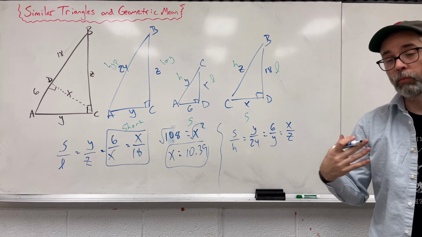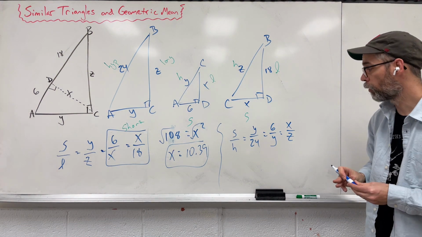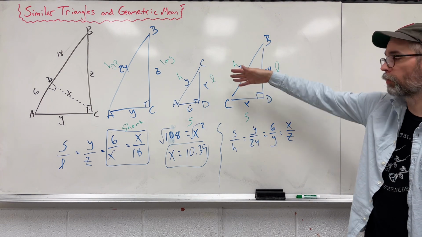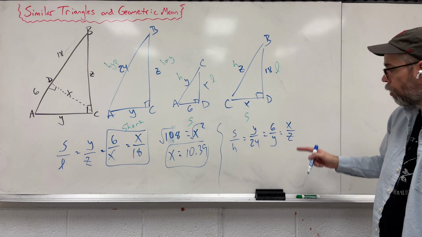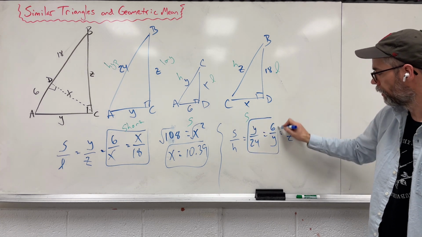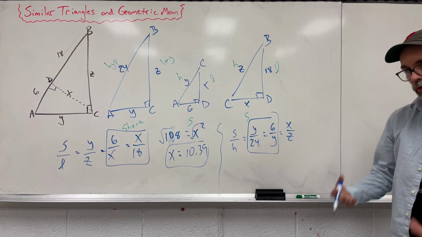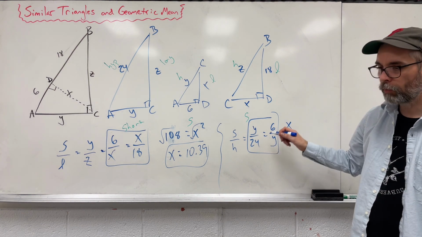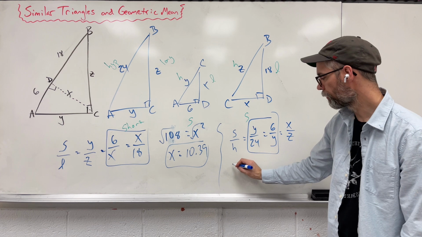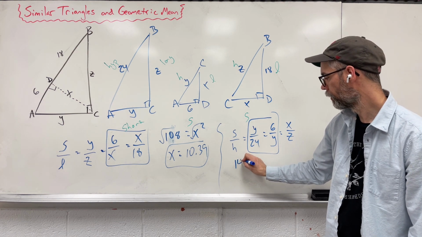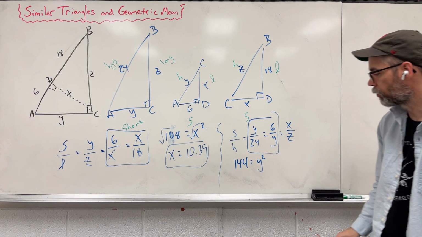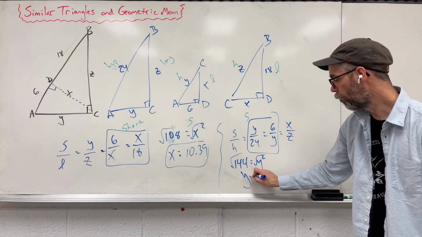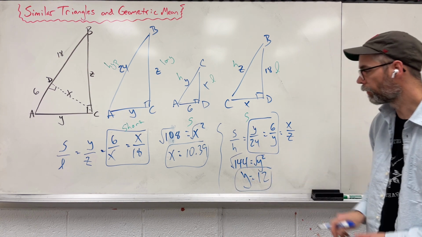So our goal when we do this to find this geometric mean is to set up our proportions all the same, and we want them to all be the same. Now, which variables are the same? That's right there. So let's cross multiply and solve for y. In this case, 24 times 6 is going to give us 144, and that is y squared. In order to undo that, we take the square root of both sides, and then y equals 12.